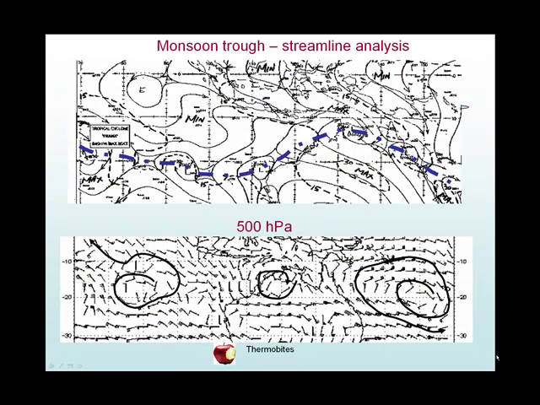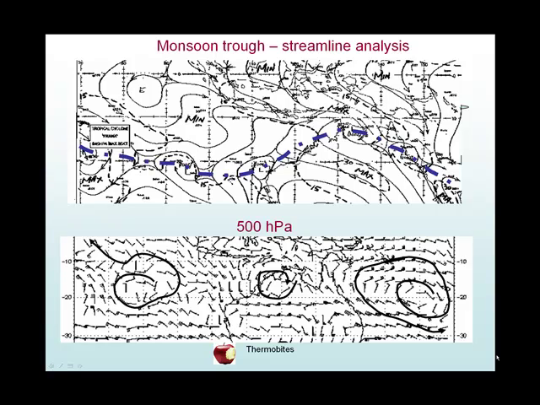Looking at the real atmosphere, here we have the monsoon trough in terms of a streamline analysis, and so the trough is marked in as the dot-dashed line as the axis of minimum surface pressure, but also the axis of maximum cyclonic vorticity or cyclonic rotation in the winds.